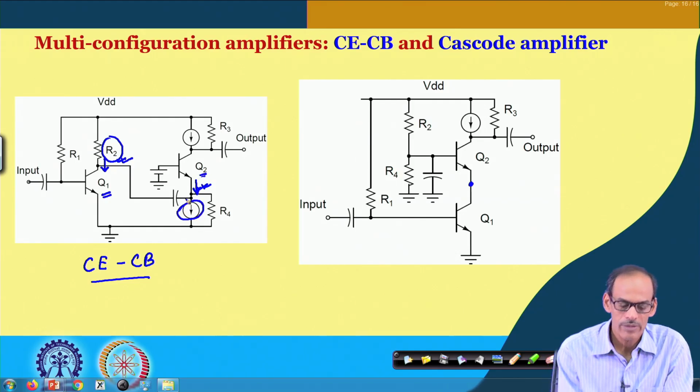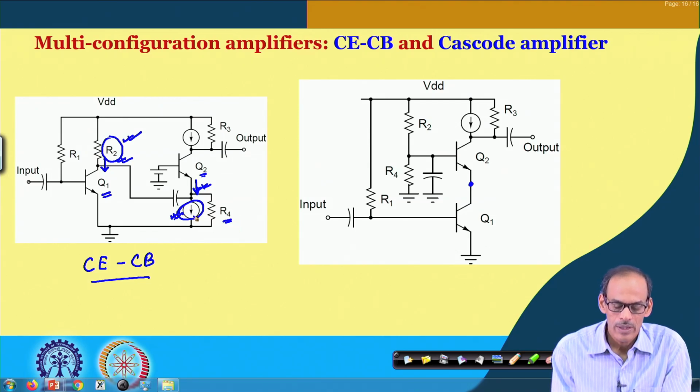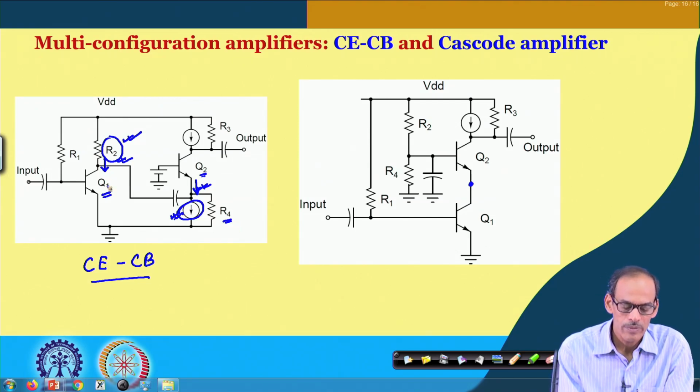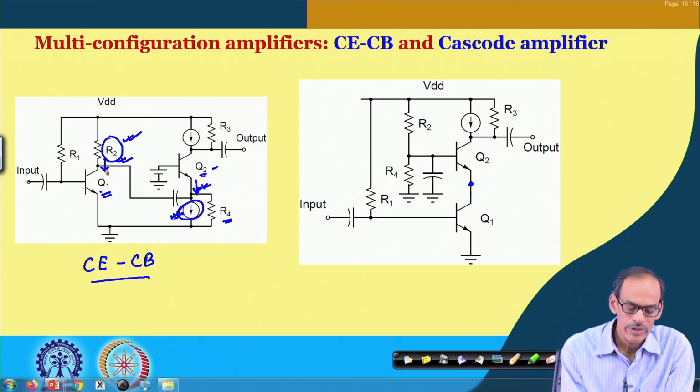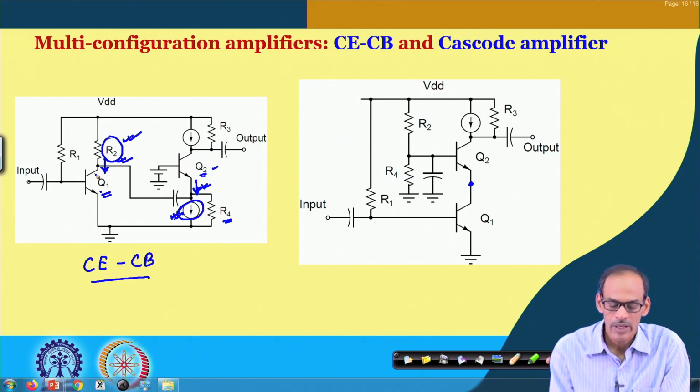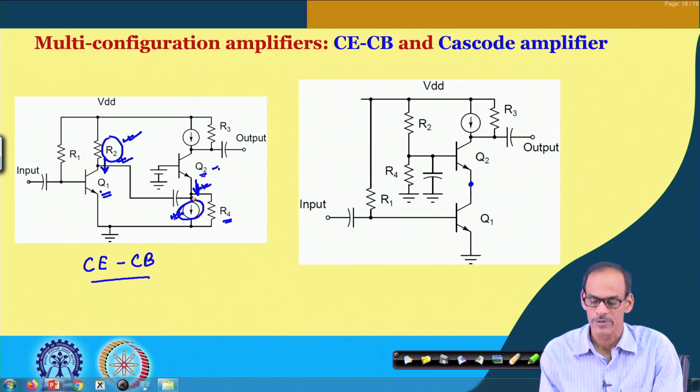So, the basic purpose of having this R2 and this I bias, along with this R4, is essentially to bias Q1 and Q2 respectively. Q1 demands some current entering its collector, and Q2 expects its emitter current to be consumed by somebody else.